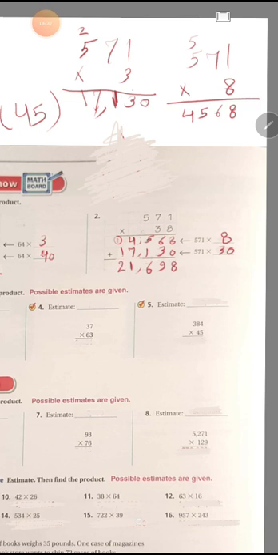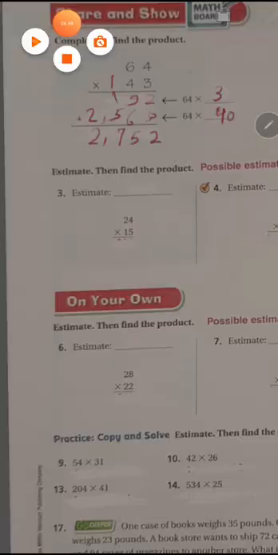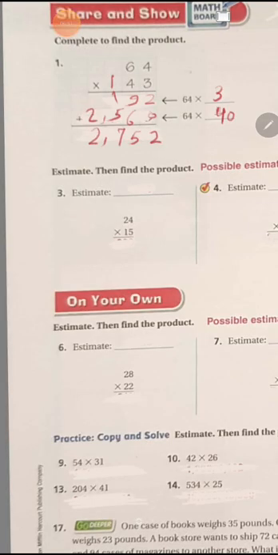So the final answer here is 21,698. Now we will continue with exercise 3, 24 multiply 15. How will I multiply those numbers?